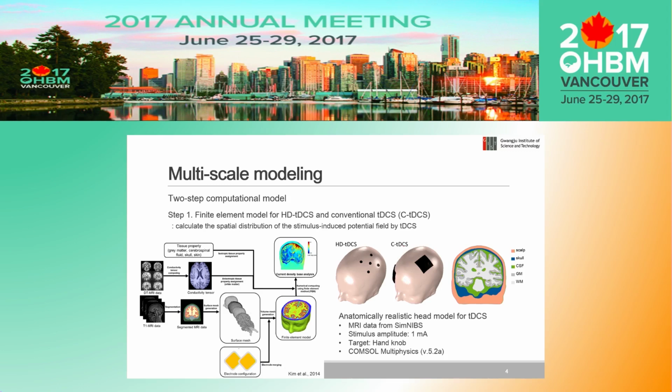In both cases, we positioned the electrode on the target area, in this case the hand knob. Then we set a 1 milliampere stimulus amplitude and solved it by the finite element method using COMSOL Multiphysics.